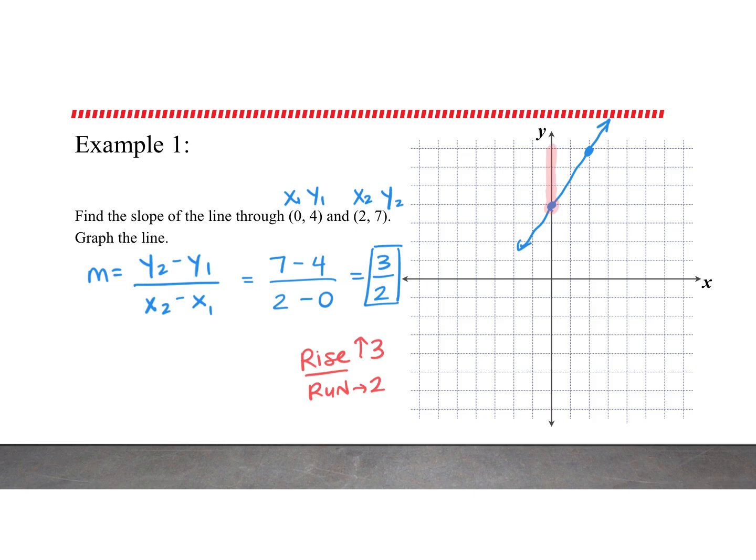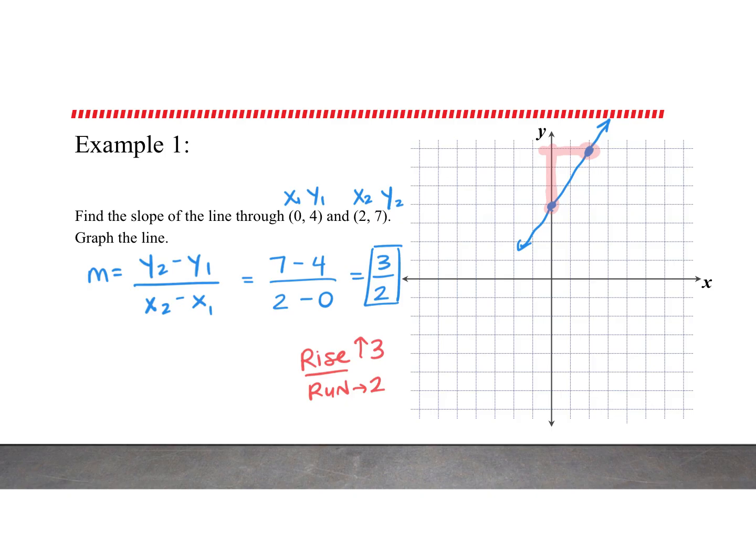We rise 3. And then from there, we're going to go to the right 2. 1, 2. And there's our new point. You should be able to follow the slope, that pattern, all the way through your line. And the only other thing I want to note for right now, because we'll come back to it, is this is what we call a positive line.